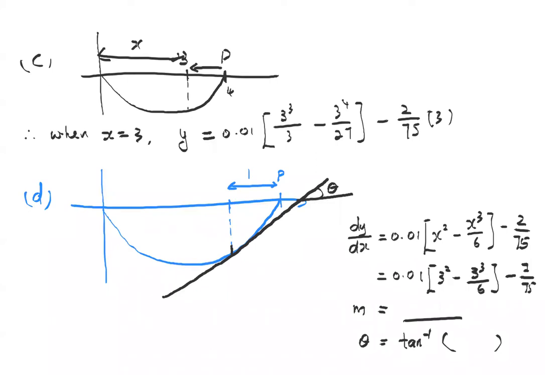See who does it faster. 9 minus 9 over 2. 4.5, 4.5.